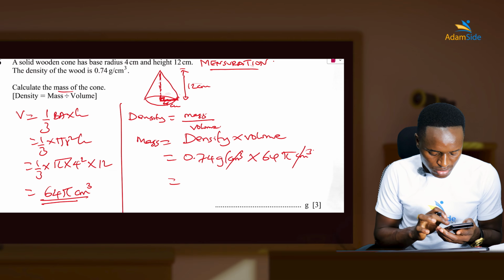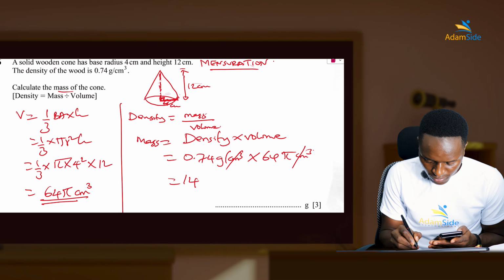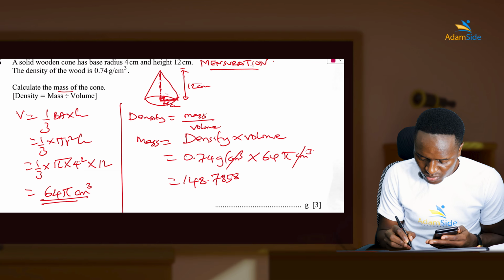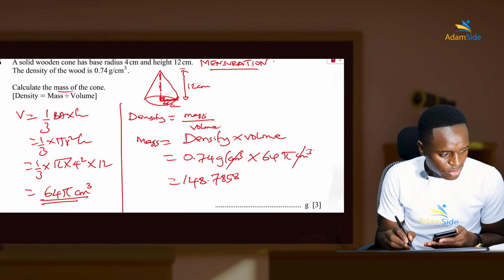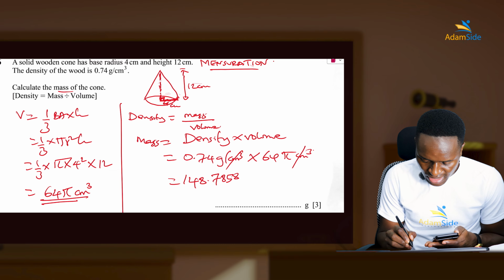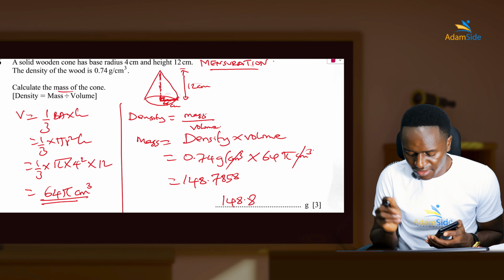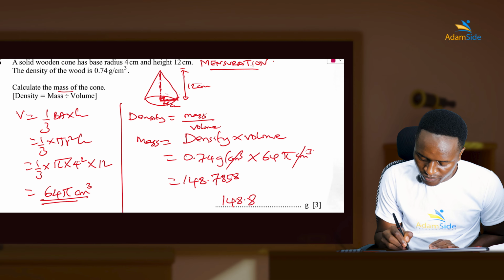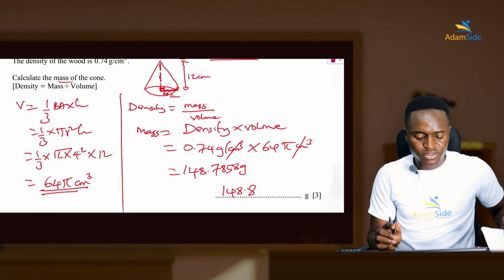What do you get? You get 148.7858. Write it to 3 significant figures. You get your answer as 148.8 grams. Remember, it's the mass in grams.